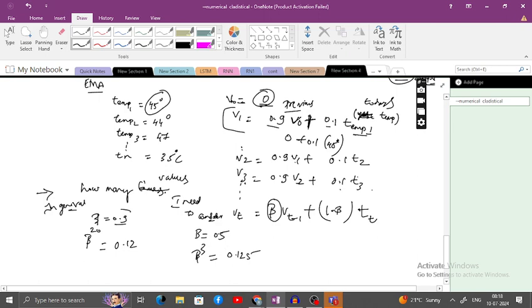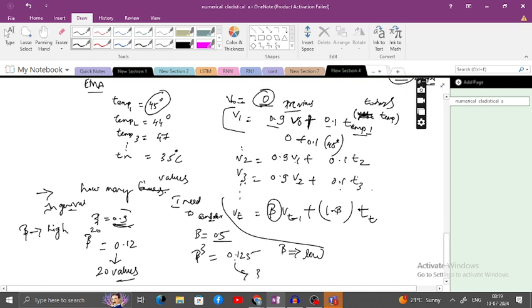When beta is equal to 0.9, when the beta value is high, you will consider 20 values. When the beta value is low, 0.5, where 0.9 is greater and 0.5 is lesser, I will consider 3 to 4 values.